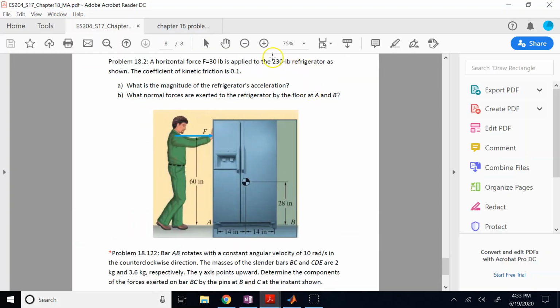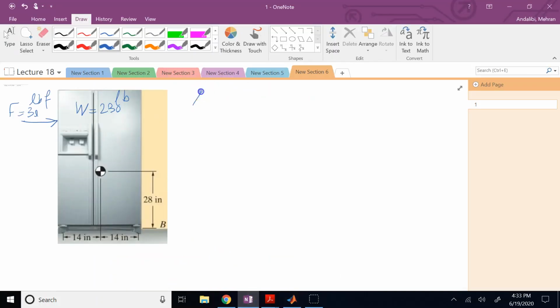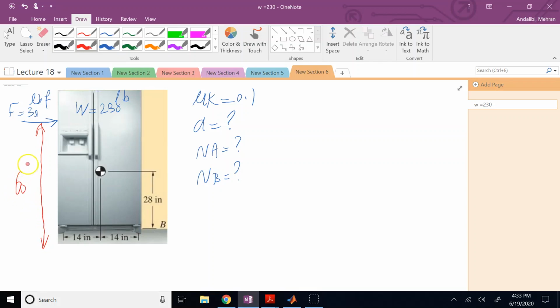It is not pound mass. If it's pound mass, then it says so. So when your textbook doesn't say anything, you assume it's pound force. You have a friction, and this distance is 60 inches. Okay, so mu k is 0.1. You need to find A, and you need to find N at A and N at B. And again, as I said, this distance from here to the floor is 60 inches. Okay, so this is what you need to solve in this problem.